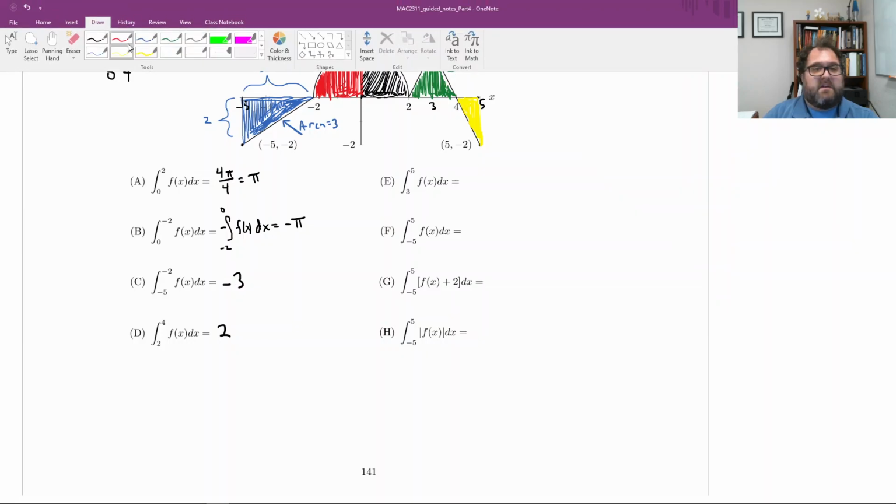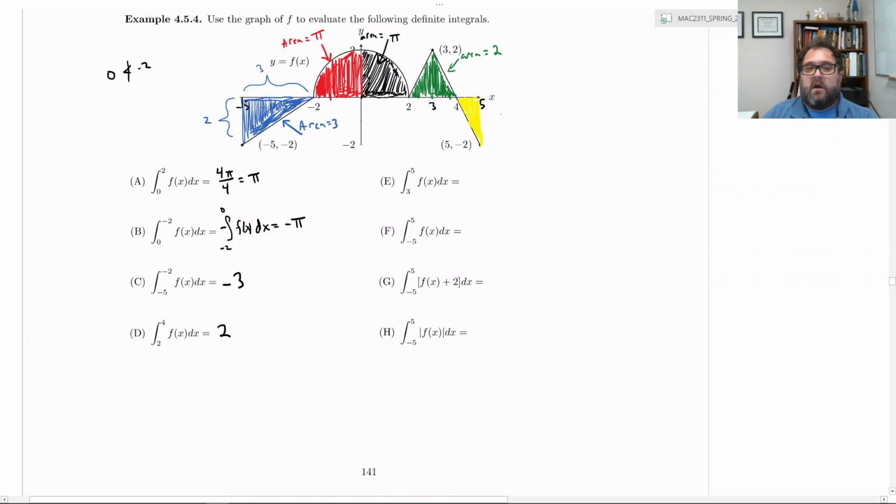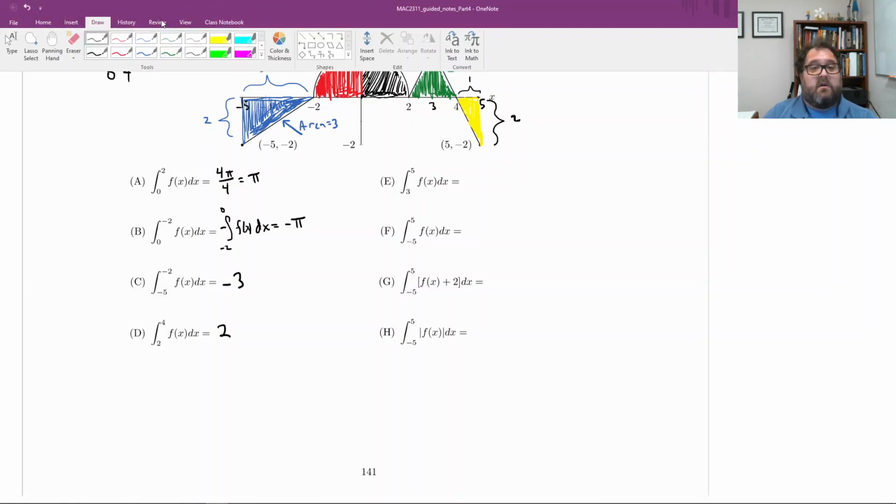Now the base, I'm thinking about this as being an upside down triangle. So the base here, this distance is 1, and this distance is what? 2, because the y value there is -2, so that distance is +2. So we have 1 times 2, divided by 2 to give you the area of the triangle. That gives us an area of 1.